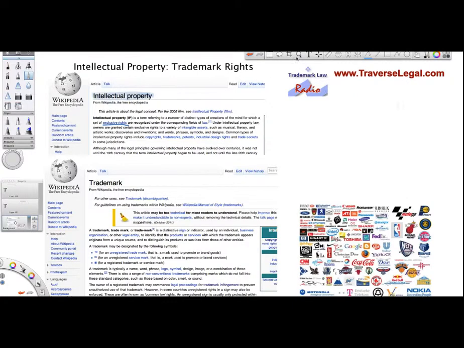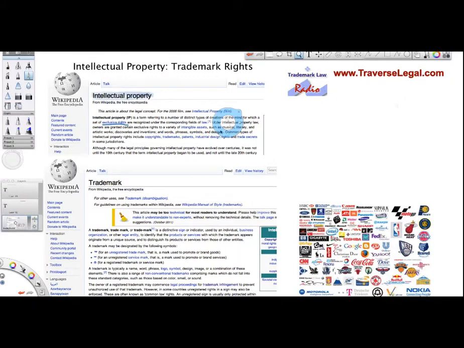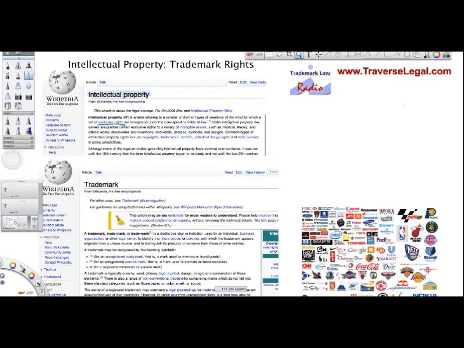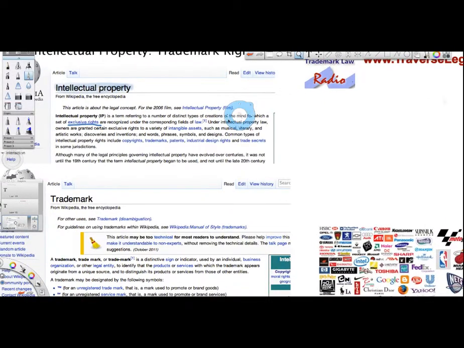Exclusive rights are important because when someone has exclusive rights, they're the only one in the world that gets to use that idea, that name, that brand, that piece of artwork, that photograph. So we're always dealing with the concept of exclusive rights when dealing with intellectual property.